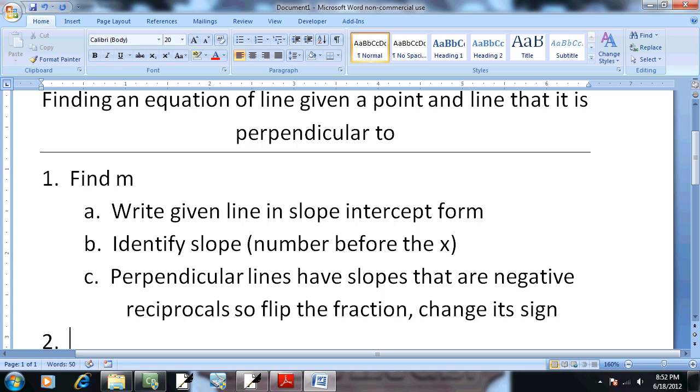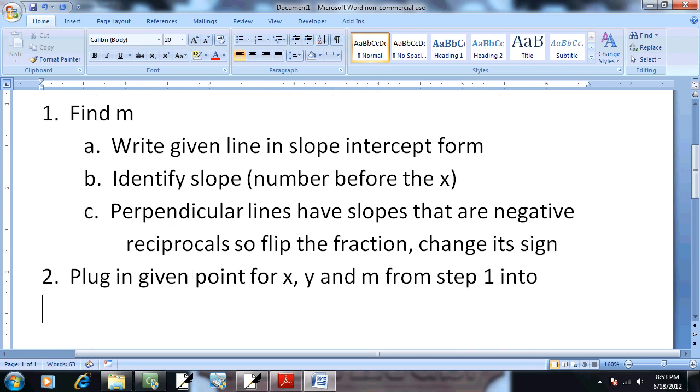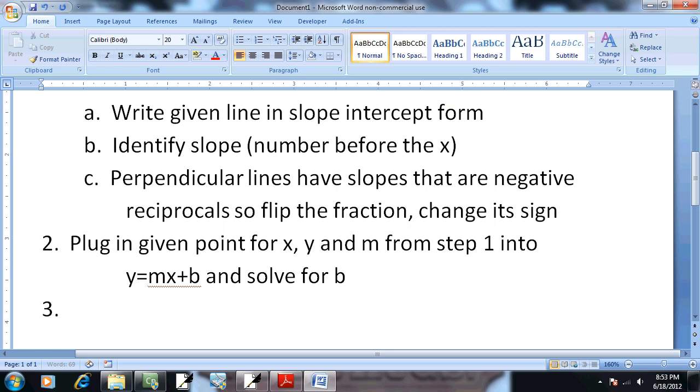Step 2. Plug in the given point for x and y and m from step 1 into y equals mx plus b and solve for b. And step 3, write your answer.